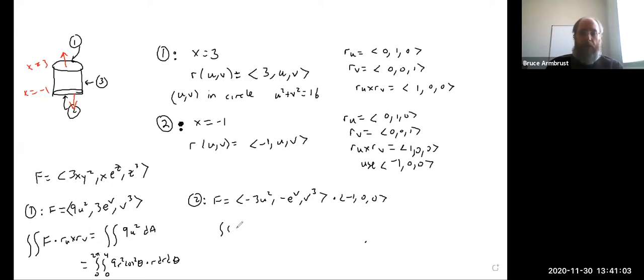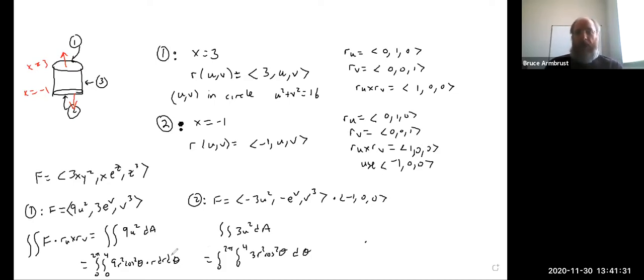So this one we're going to integrate 3u squared. Well, do the same thing, go to polar. And there's that piece. Okay, so we're 2/3 of the way done.